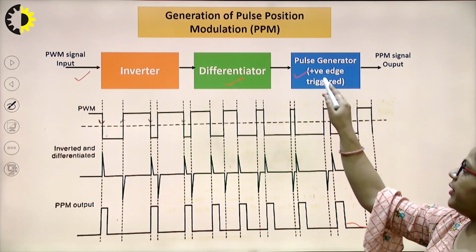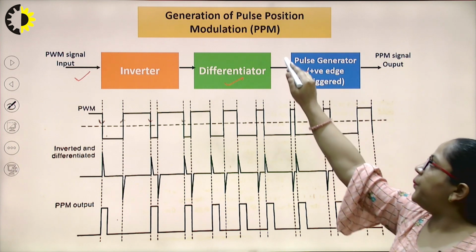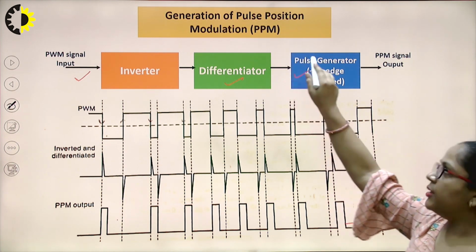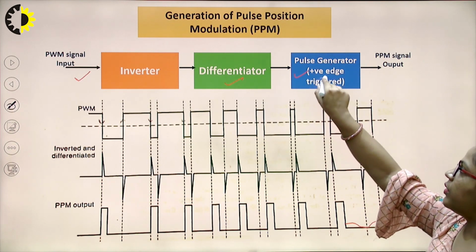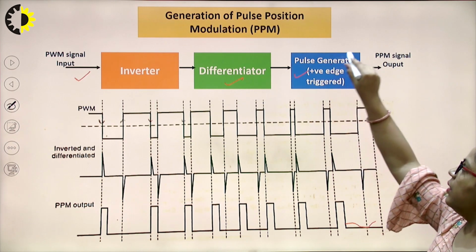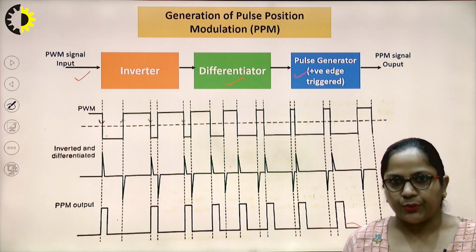What is this pulse generator? The function of this pulse generator is to generate a pulse whenever a positive edge signal appears at its input. So this pulse generator will be triggered corresponding to the positive signal at its input, and it will produce a pulse of constant width and constant amplitude.